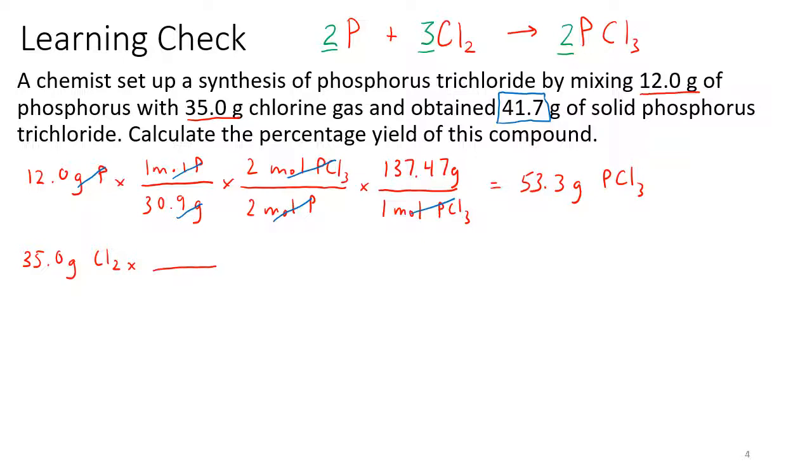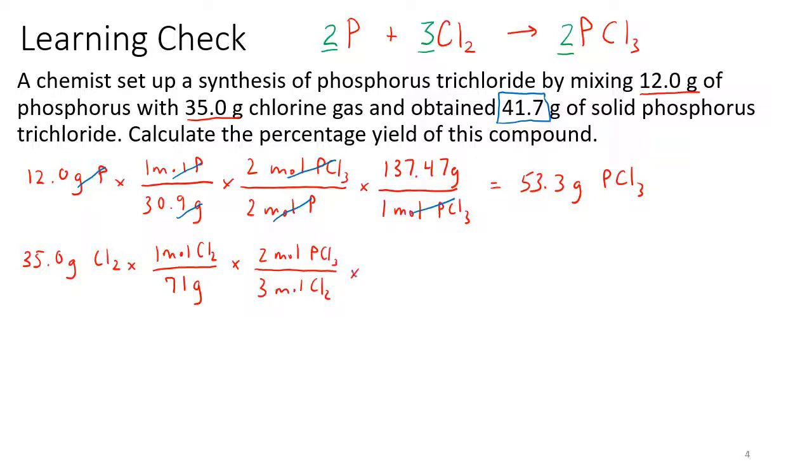First, we're going to convert our grams into moles. 1 mole of Cl2, from the periodic table, if we take the atomic mass of chlorine and multiply it by 2, is 71 grams per mole. Using the balanced equation, 3 moles of chlorine react, and we form 2 moles of our product.